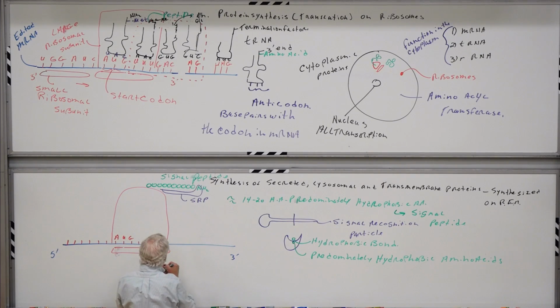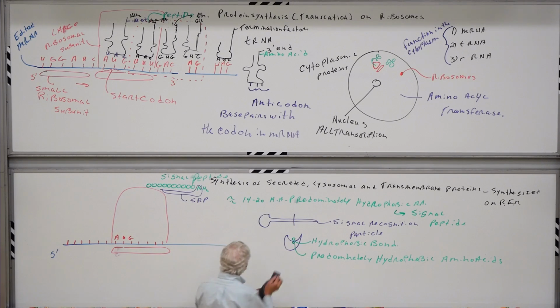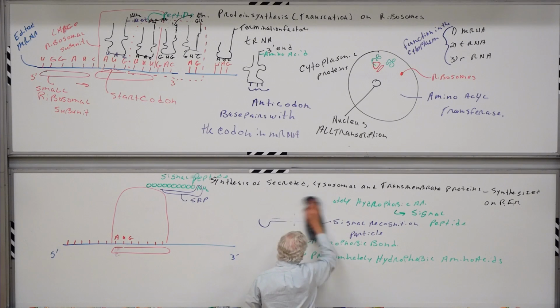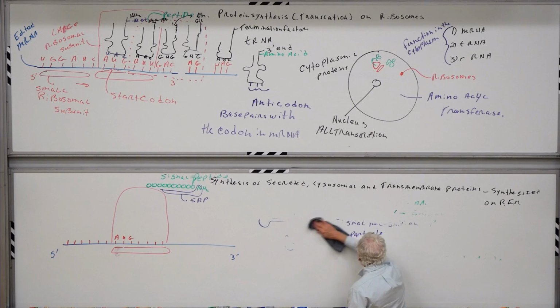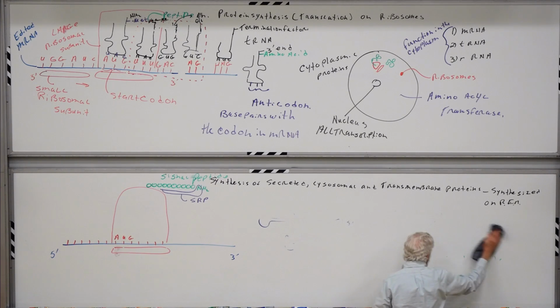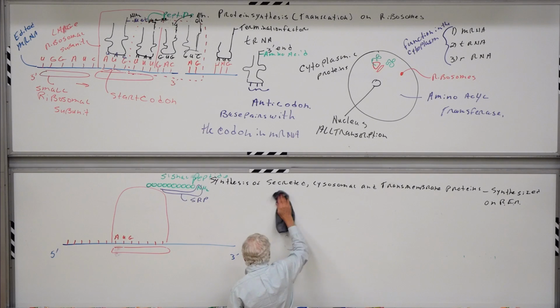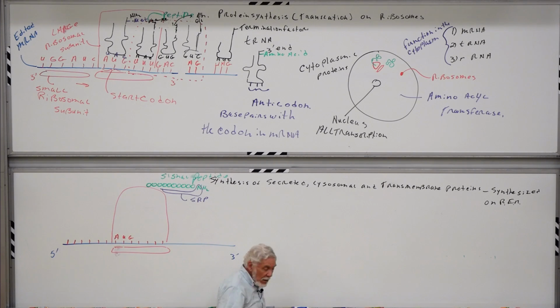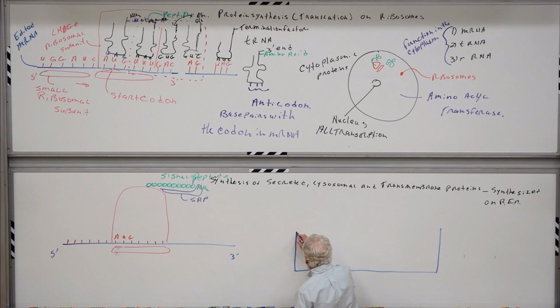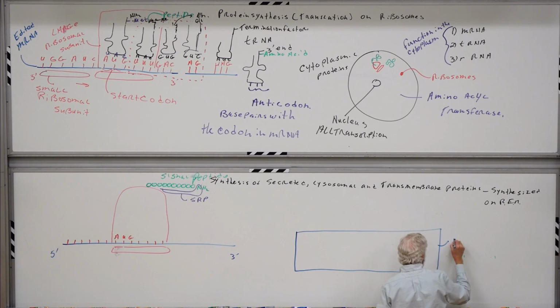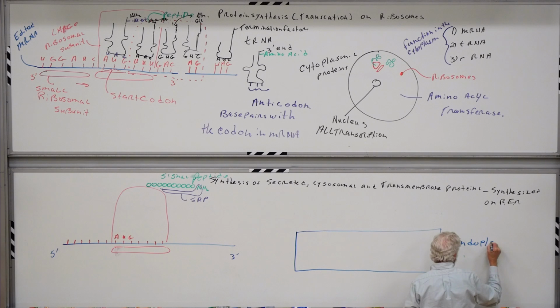Then once those are nestled together, the entire machine, the small ribosomal subunit, the large ribosomal subunit, and the mRNA, all of that find their way to the structure I'm going to show here in a box, being the endoplasmic reticulum.